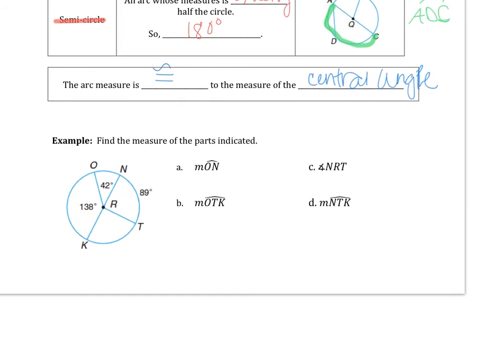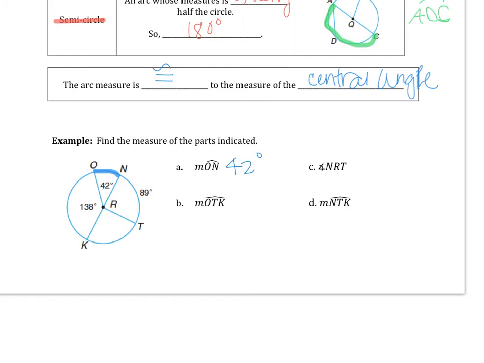All right, find the measure of the parts indicated. So I'm looking for arc ON. ON is right here. I see that it's got this central angle right here. So the measure of arc ON is the same as that central angle, so that's 42 degrees.